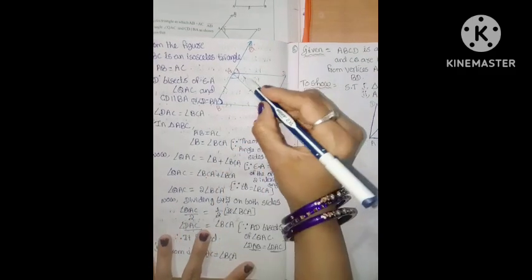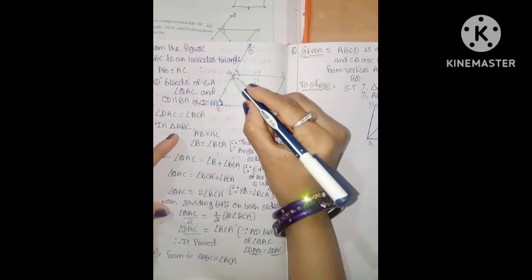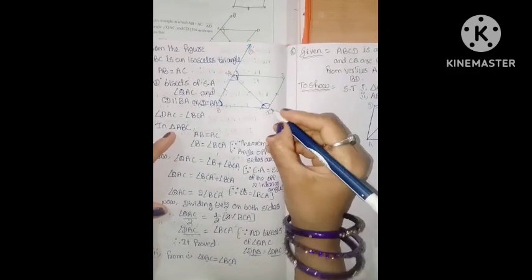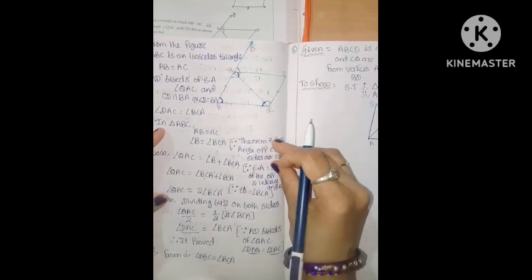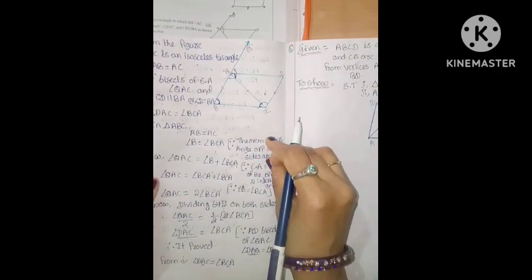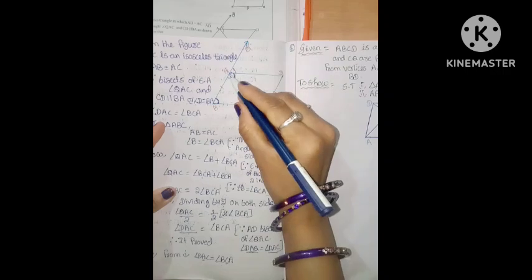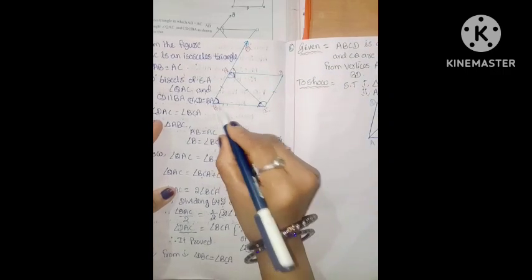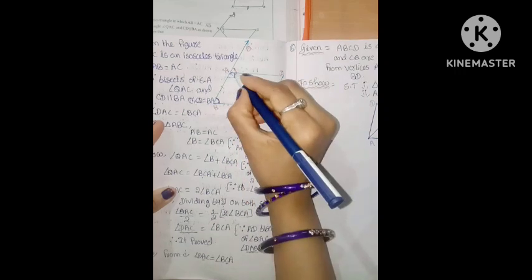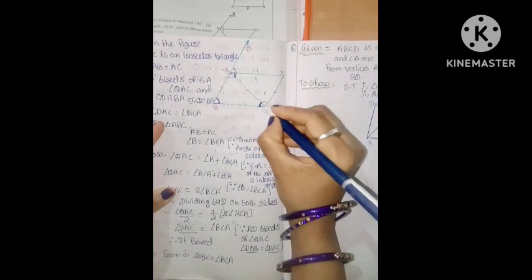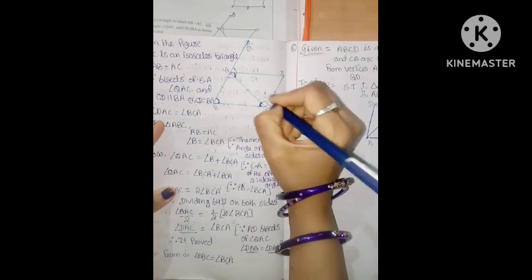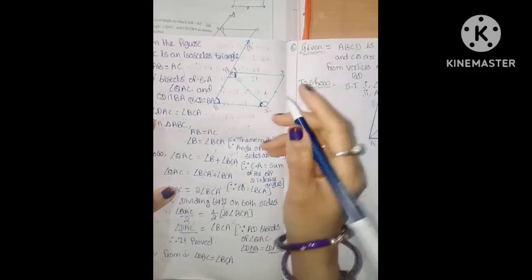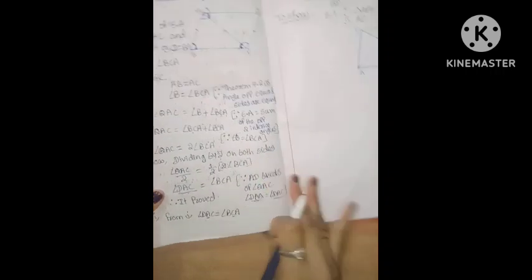So angle DAC is equal to angle BCA. This angle is equal to this one, alternate angles, with AC as the transversal.